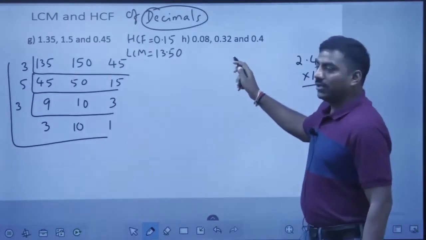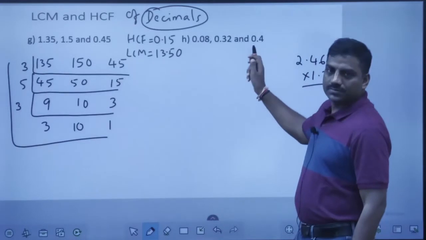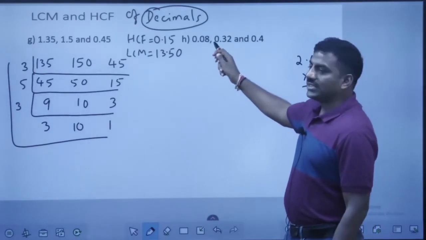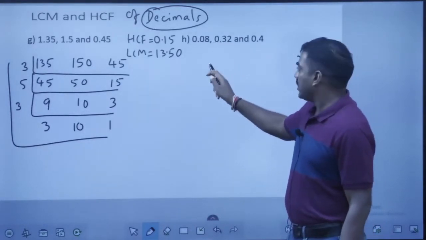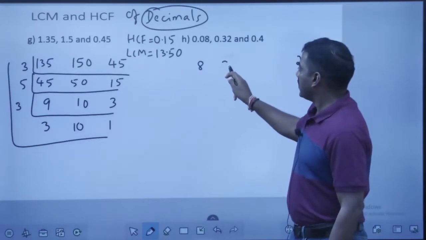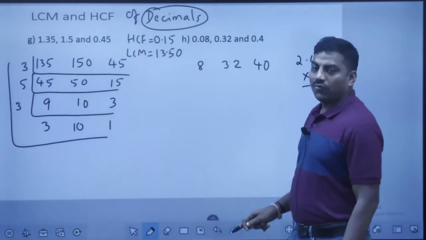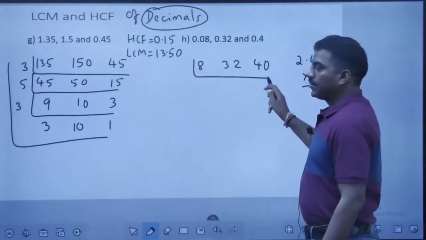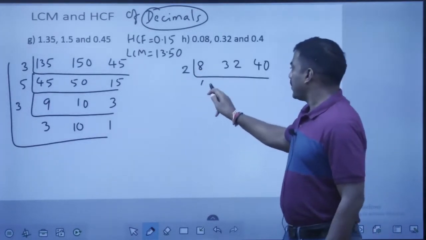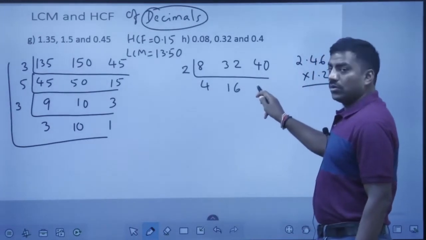Now, in this one, jump 2 points, because the maximum number of decimal places that we have is 2. So here it will become 8, here it will become 32, here it will become 40. Sure? Now go for HCF. 2 4s are 8, 2 16s are 32, and 2 20s are 40.